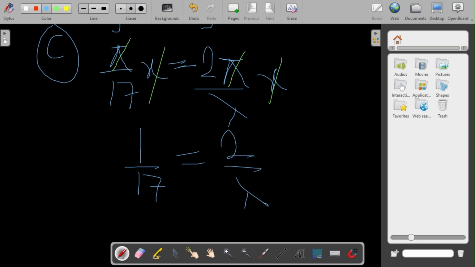Cross multiply: lambda is 34 meters. So the wavelength is 34 meters. It can be in centimeters, it's not a problem. Just give it a measurement of length.